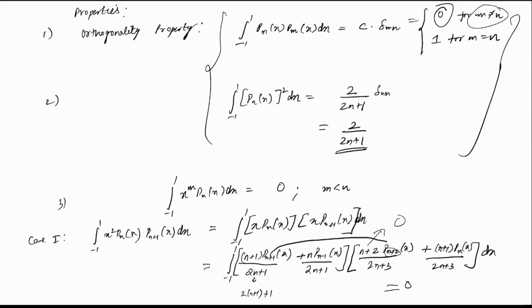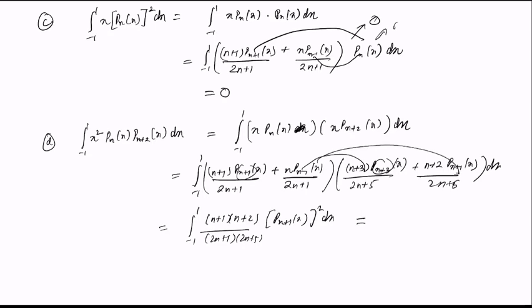So if you just take this out and consider some constant c of n, you have the integral from minus 1 to 1 of P of n plus 1 x square dx.